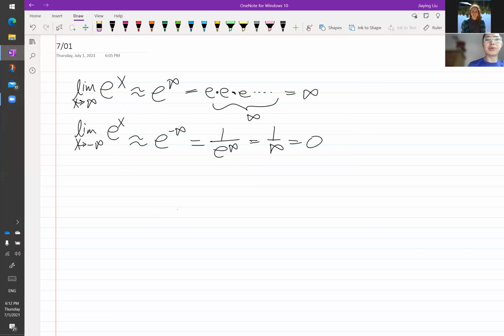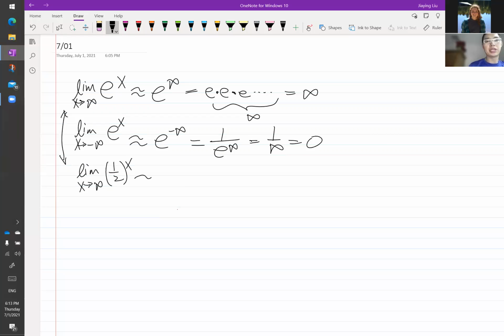Another example you could ask is, what if I take the limit of x going to infinity of 1/2 raised to the x? In this case, the base is not e. If you compare to the first example, the base is 1/2.